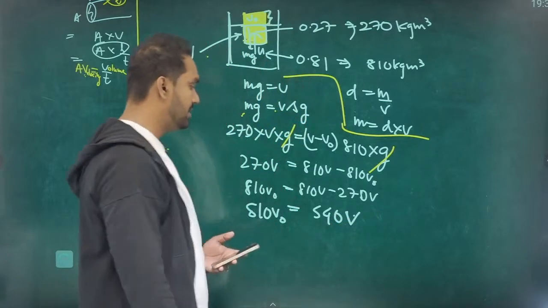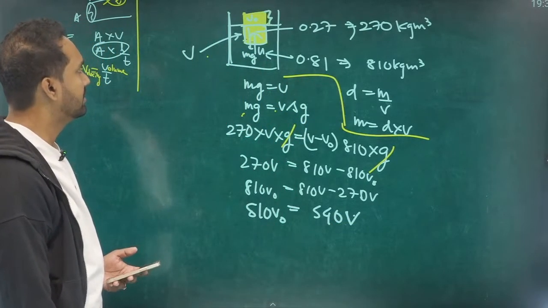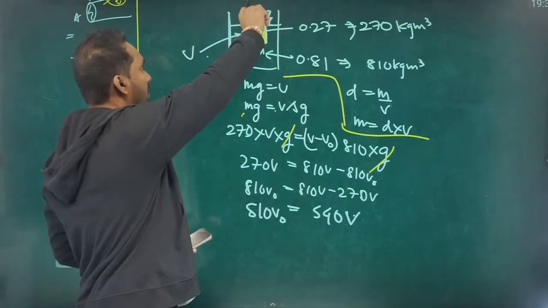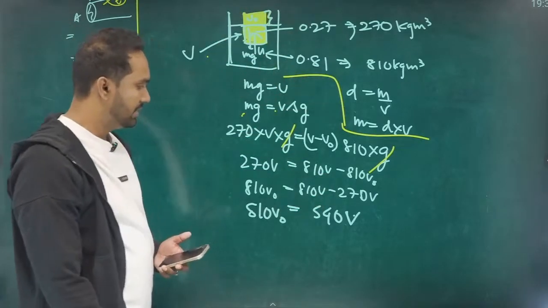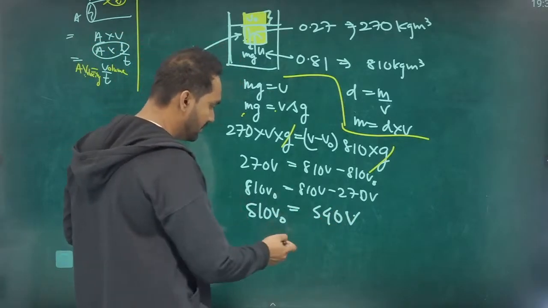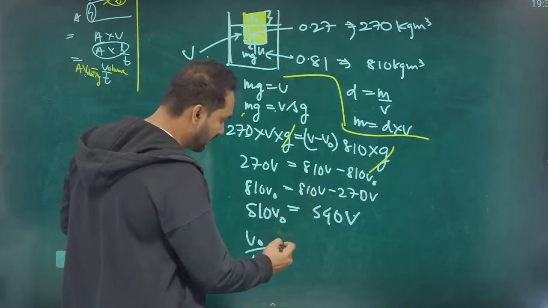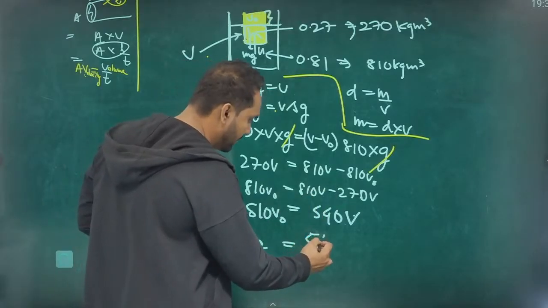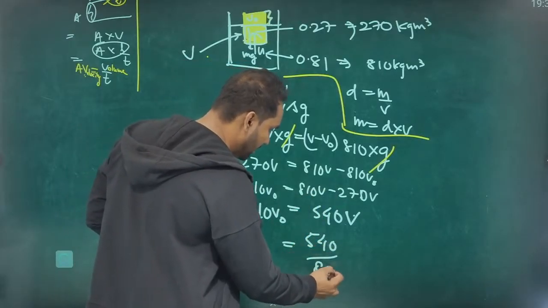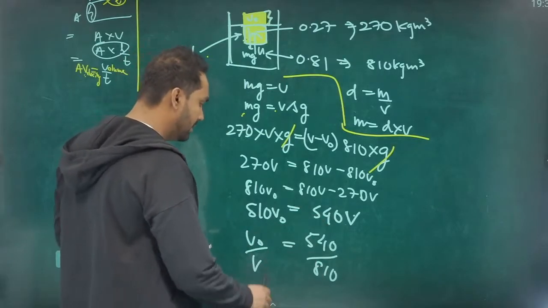What we actually need is the percentage of the volume that is on top relative to the total volume. That is V naught over V. So isolate V naught over V: take this V to this side and the 810 to the other side. That will be 540 divided by 810. This times 100% is the percentage.